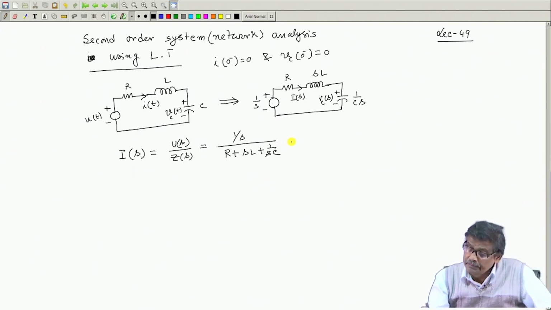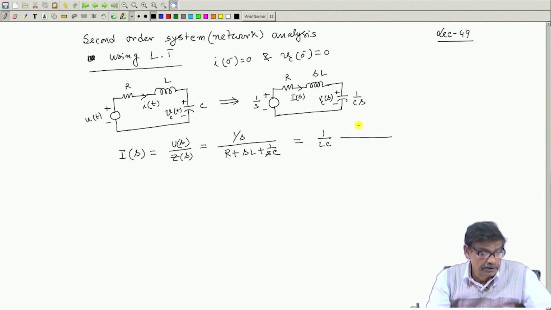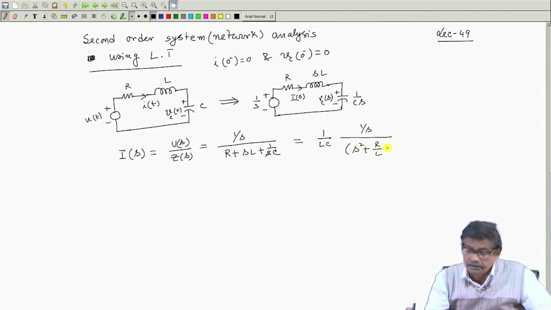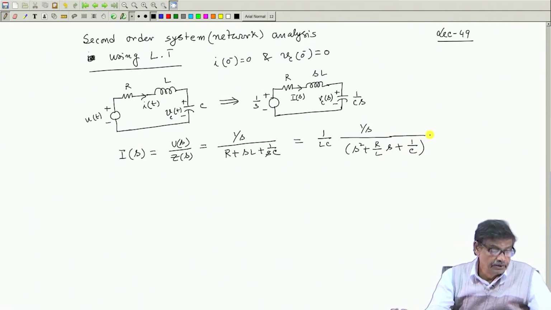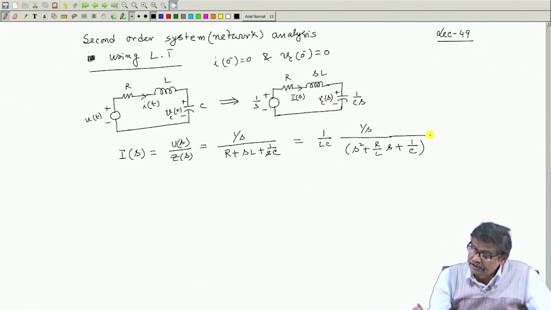It can be simplified: if you take this C common and manipulate, then 1 over s will be on the top, and on the bottom it will be s square plus R by L into s plus 1 over LC. This is I(s), this is fine.